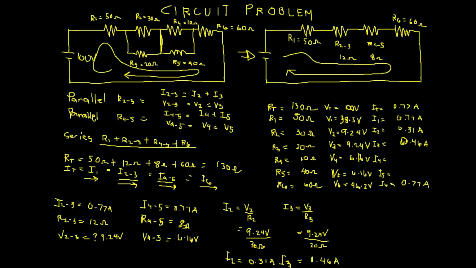Okay. So, next is I4. So, sa I4, voltage 4 divided by R4. So, ang voltage 4 natin is equal yan, 6.16 volts divided by R4 na 10 ohms.